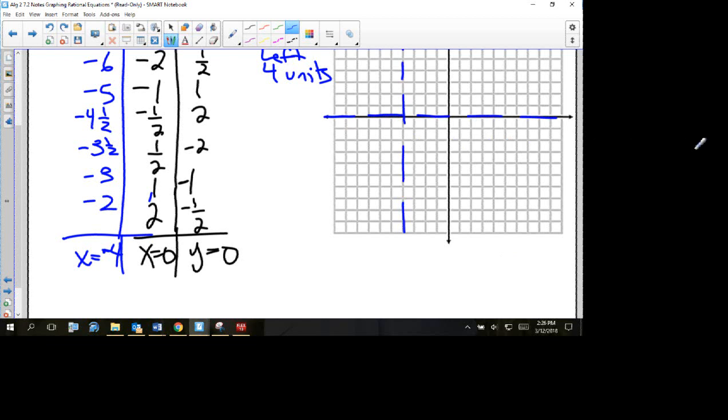Negative 6 is half. Negative 5 is 1. Negative 4.5 is 2. Negative 3.5 is negative 2. Negative 3, negative 1. Negative 2 is negative half. You should have nice little branches in there.